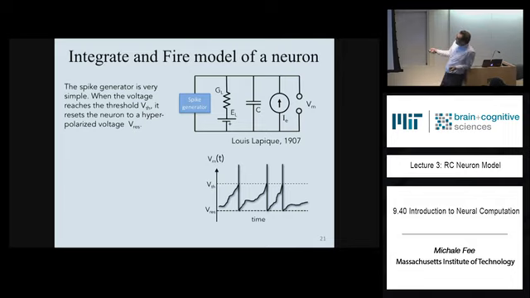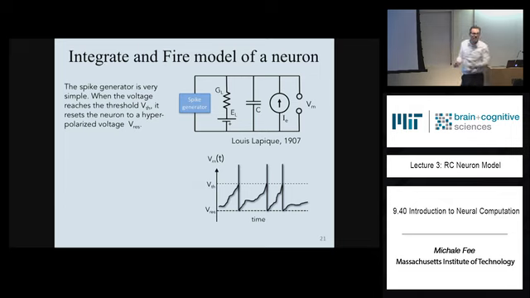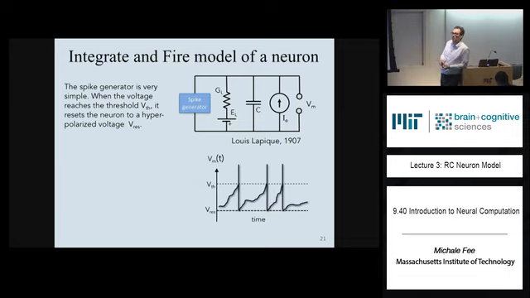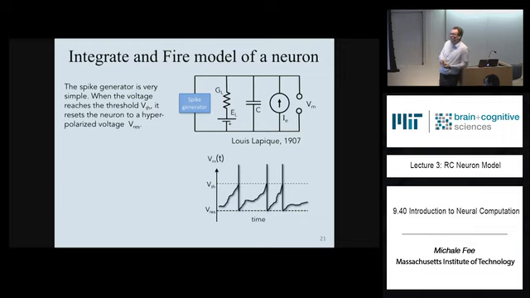And once it reaches threshold, we simply reset the voltage back down to a lower value called V reset. If we want to, we can just draw a line at that time, and that's the spike. But what really happens to the voltage here is that once the voltage hits V threshold, it gets reset back down to this. All right, any questions?